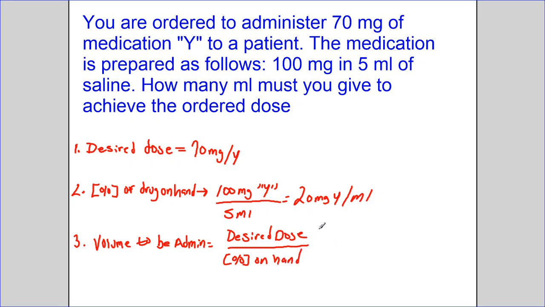So our desired dose is 70 milligrams of Y. We have 20 milligrams of Y per mil. And let's do the math. Here's 70 by 20. 3.5 milliliters.